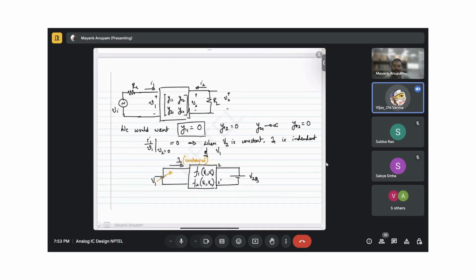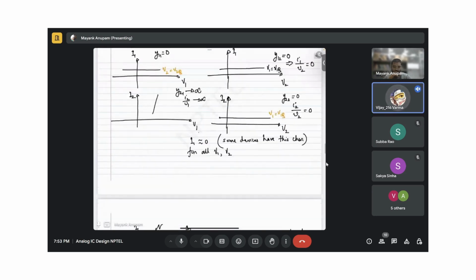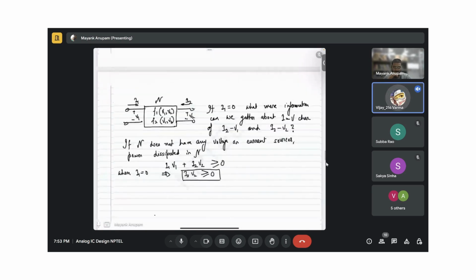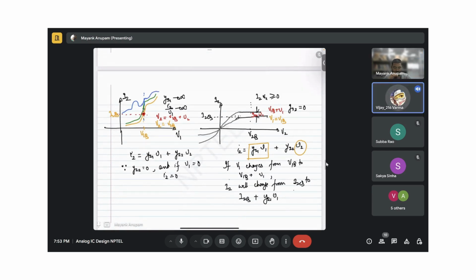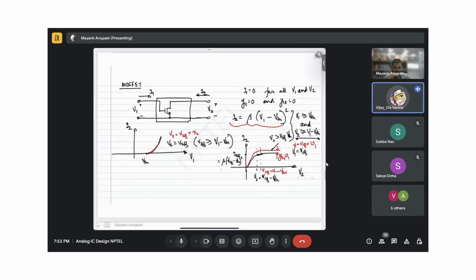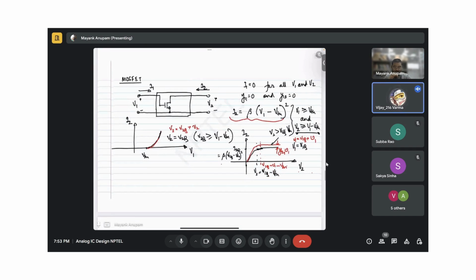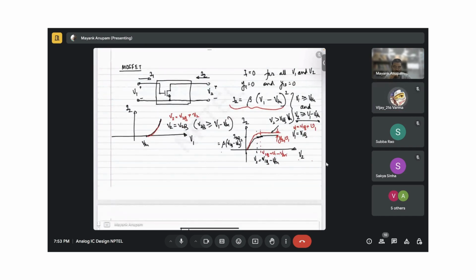In there we have plotted I2 equal to beta times V1 minus VTH whole squared. On the next page, sir.